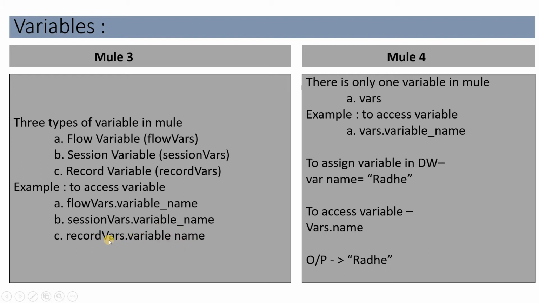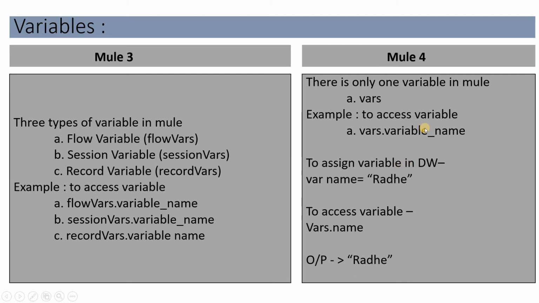Record variables are mostly used in batch processing, but we can use them in a flow as per the requirement. I hope you are clear till now.